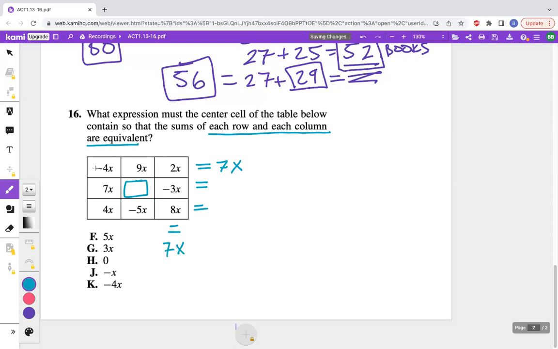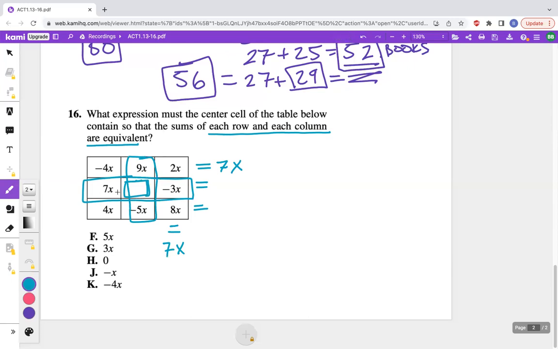I see what's going on here. They do all add up to 7x, which means I need to ask what number has to go here so that this column and this row add up to 7x. I'm not going to think too much about trying to do both of those at the same time. I'm just going to do it for one and see if it works for the other.